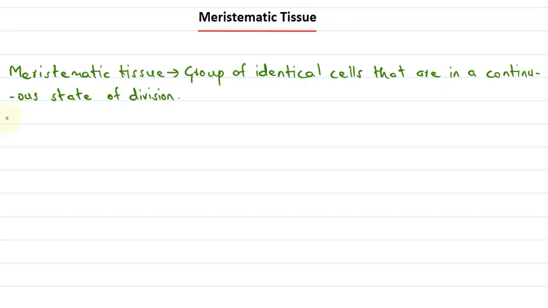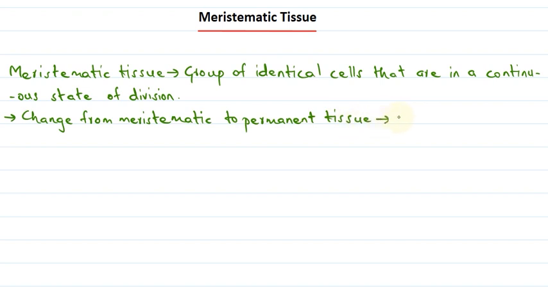This change that happens from the meristematic to the permanent tissue, this process of change is known as differentiation.